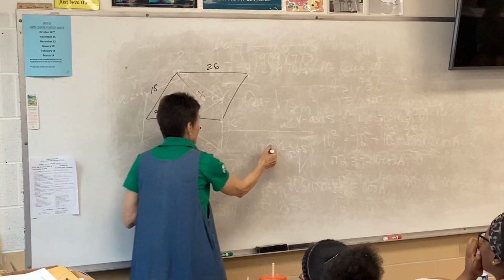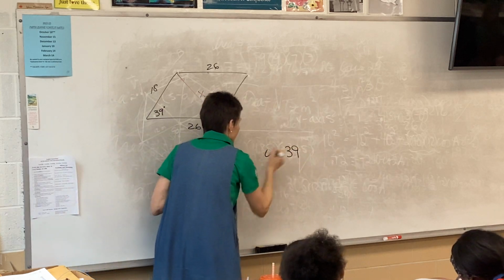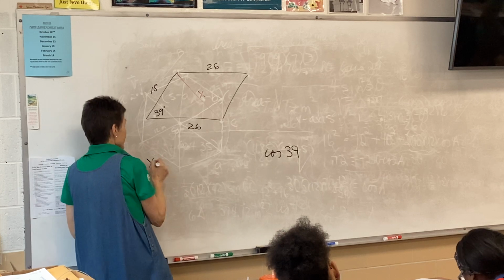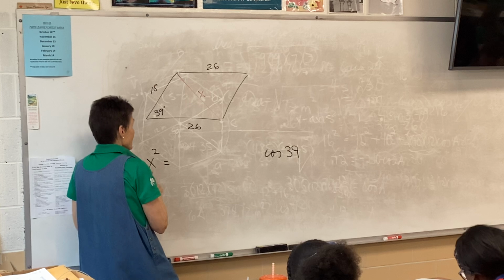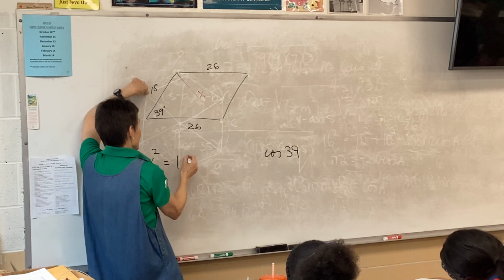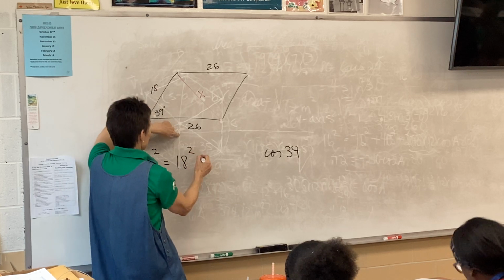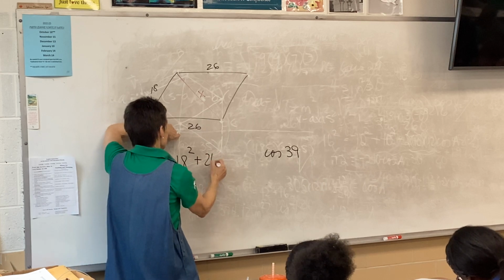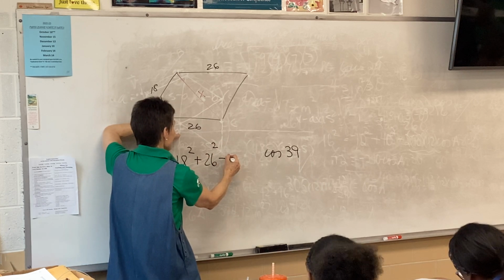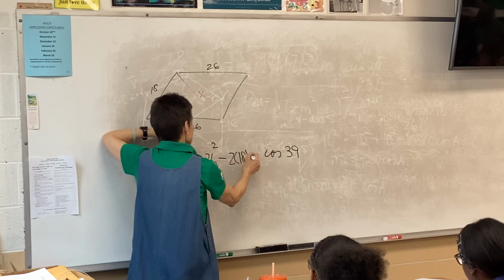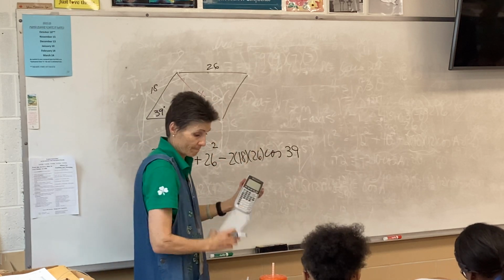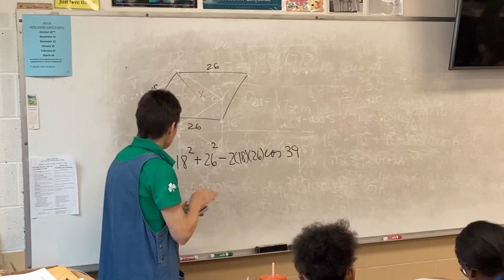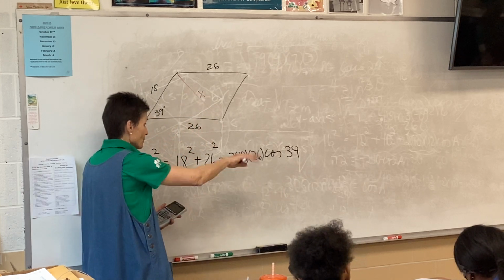So the angle is 39. The side's x, gonna be squared, always in law of cosines. And what's x squared gonna equal? 18 squared plus 26 squared minus 2 times 18 times 26. Since the variable's over here out of the way, you can just type it in.